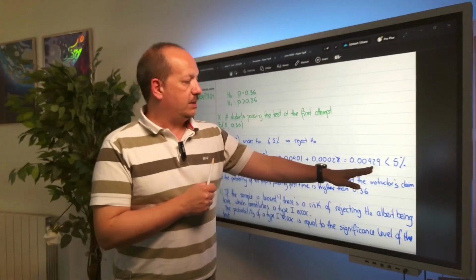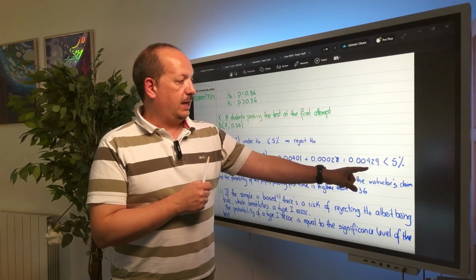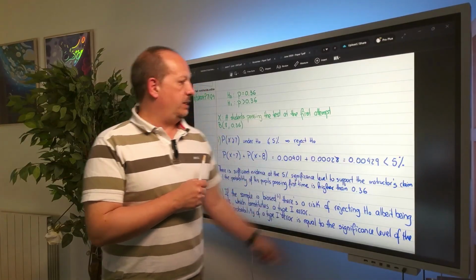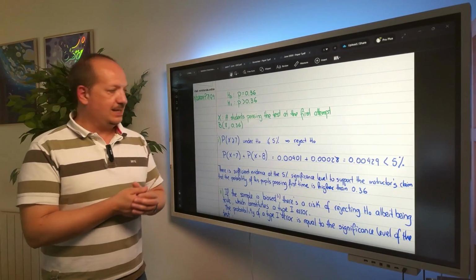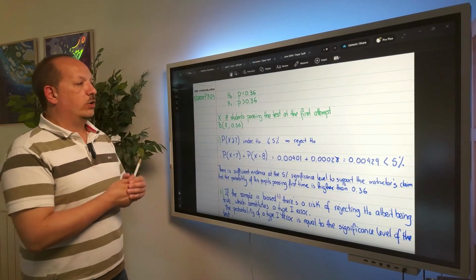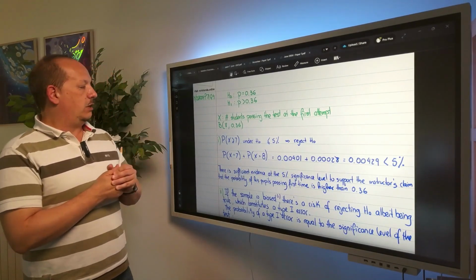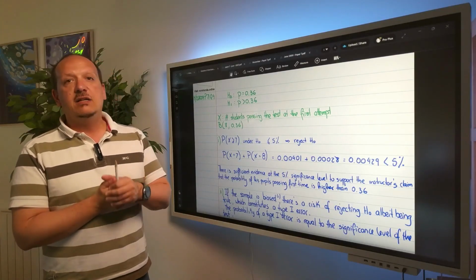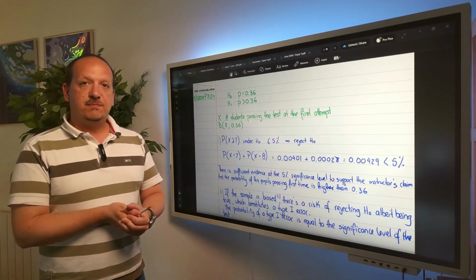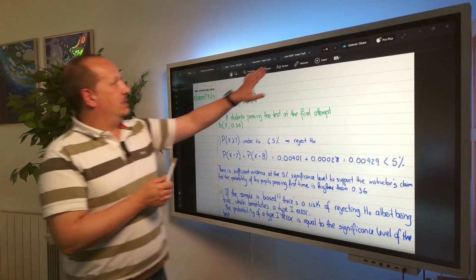And here you have it. This is smaller than 5%. So it means that there is sufficient evidence at the 5% significance level to support the instructor's claim that the probability of his pupils passing first time is higher than 0.36.